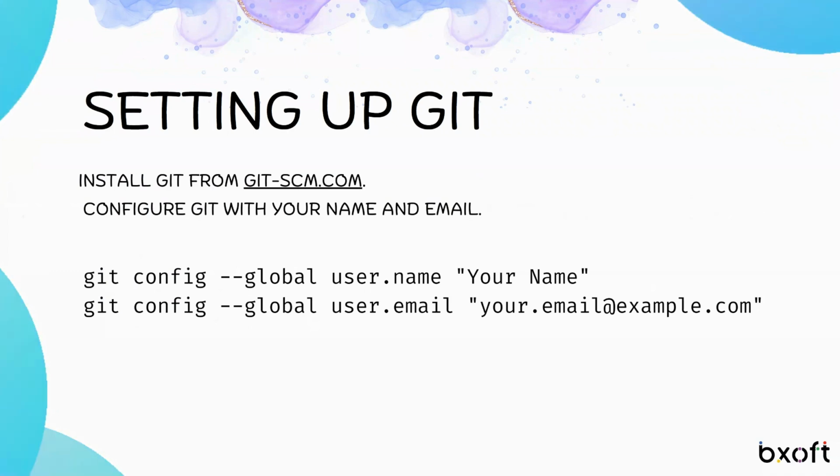You can use git config --global user.name for your name and user.email for your email address. This is really important, because Git will track everything with your name and email. Next, you need to navigate to your project folder on your local machine and initialize a Git repository. So you will use the git init command.